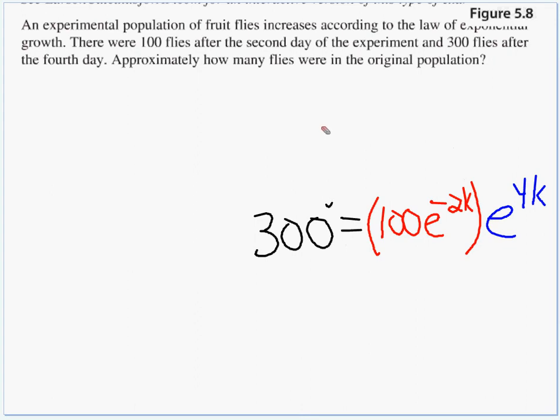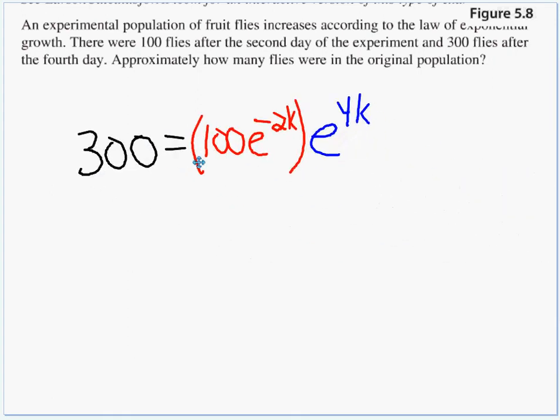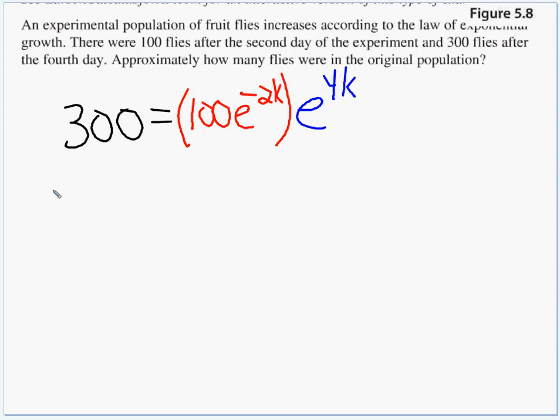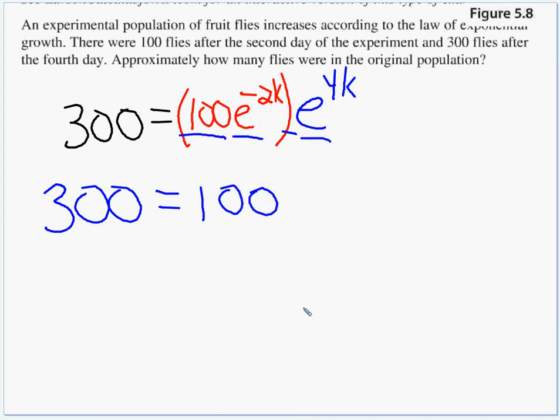Once we've got k, we can back up and solve for c. So let's simplify this. 300 equals, we've got 100 times 1, so we'll still have 100. We've got a base e times a base e, so the answer will be a base e. Multiplying the bases, we add the exponents. Negative 2k plus 4k is 2k.